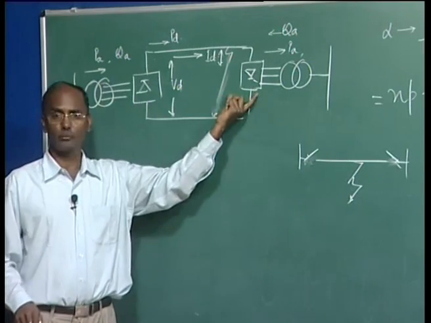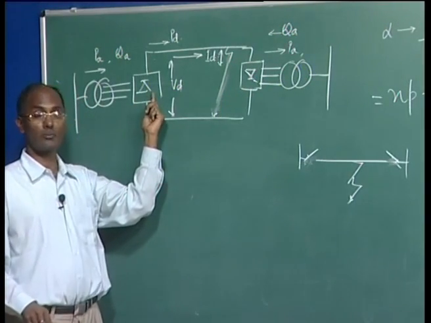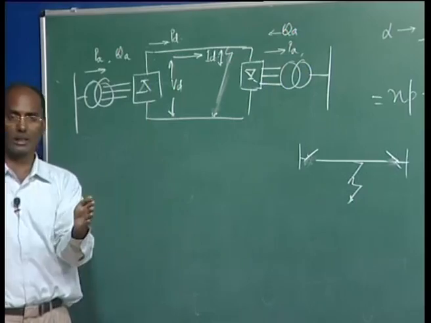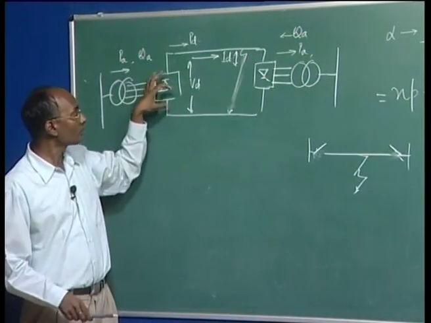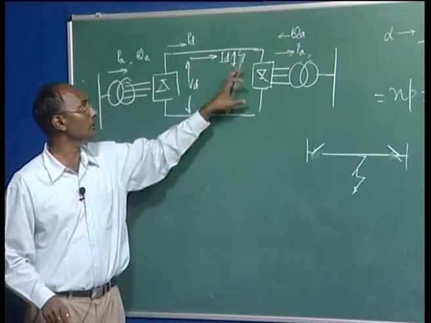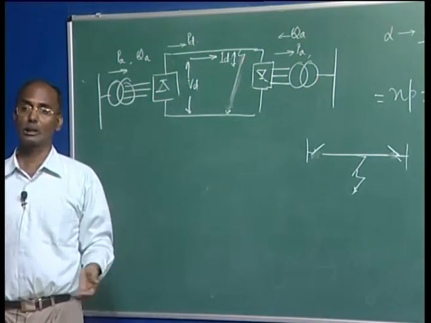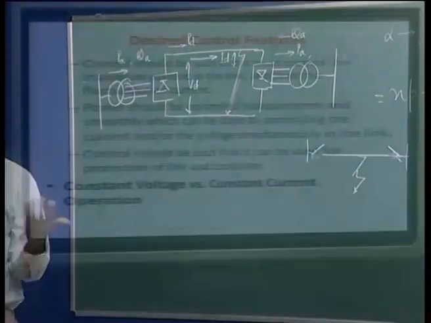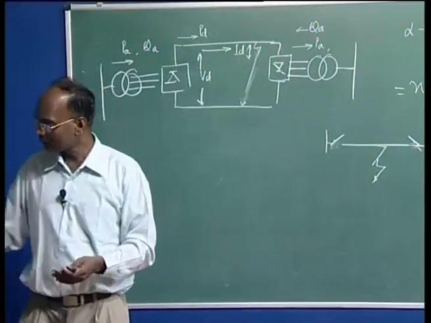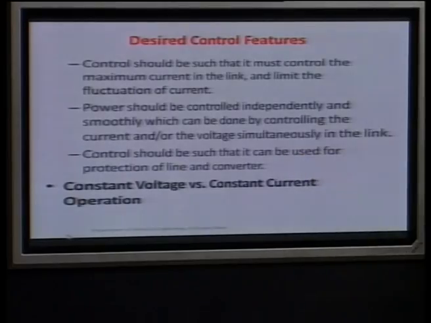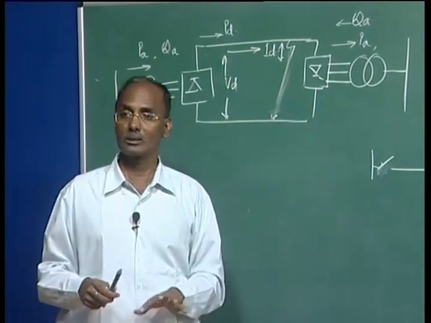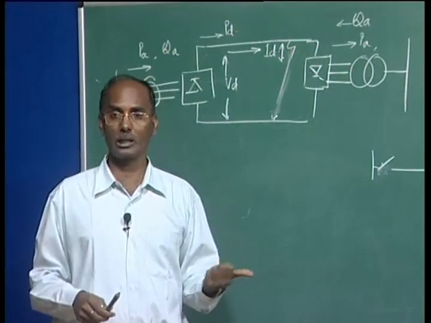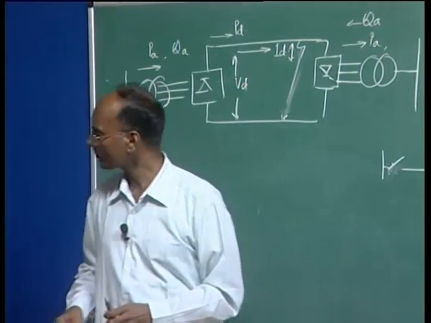We have the option to control very fast, because we have the firing angle, they can be fired very quickly, and then we can simply reduce this voltage to 0, and the fault current will automatically be 0. That is just like an open circuit. So that's why our control scheme should be such that we can protect the system with the help of controllers, not with the help of circuit breakers.